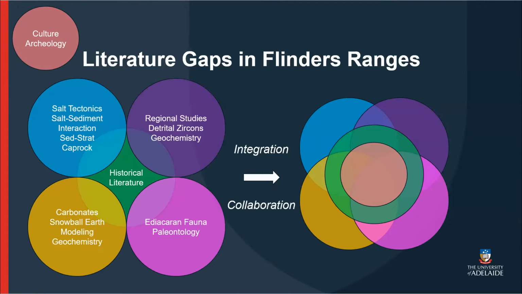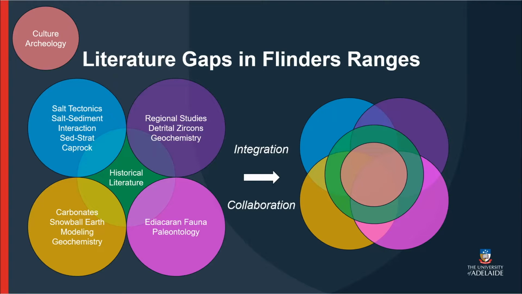All right, so now literature gaps within the Flinders Ranges. Historically, there's been this siloed research between different research groups in different locations, different continents, things like that. And this is just an example of where, in my mind, I saw things sitting.